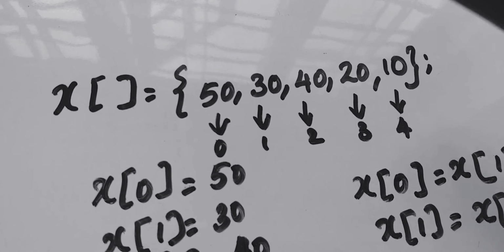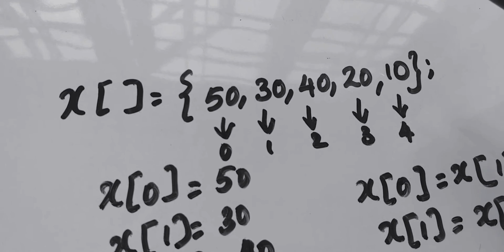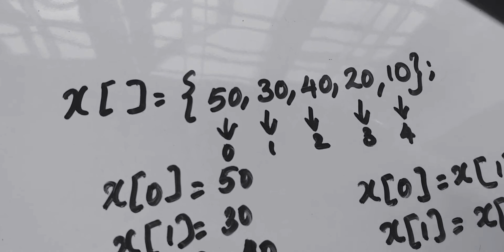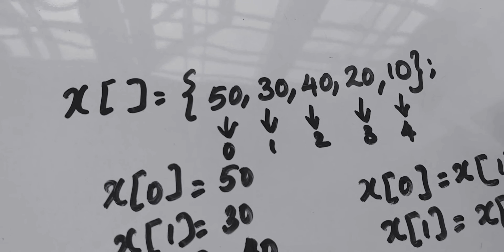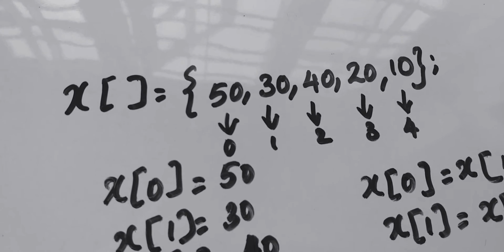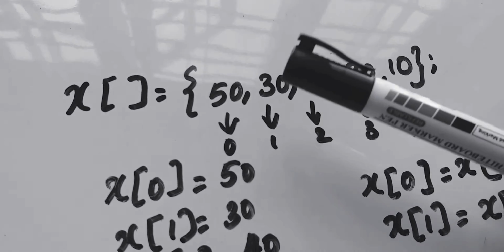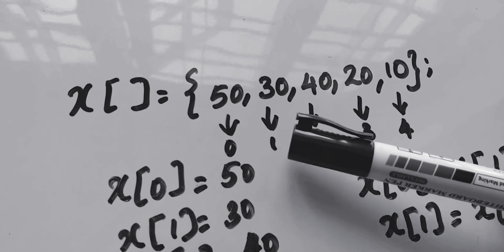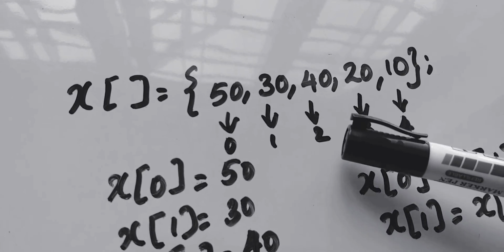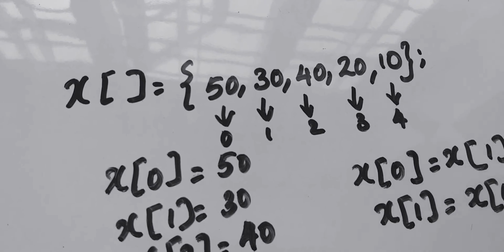Since it is an array, all of you know that each element in the array has an address. In order to get the address, we set the index position, isn't it? What is the index number of the first element? That is 0. Second one is 1, third 2, and like that the final element has the index position 4.